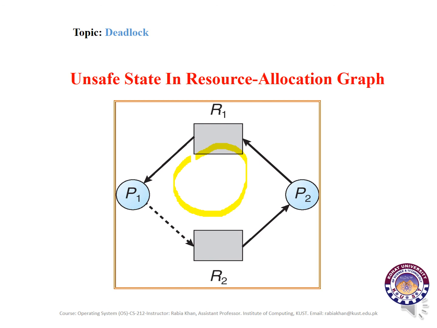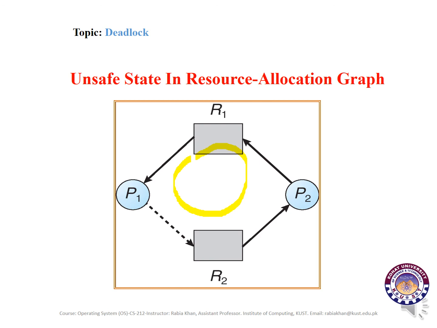P1 is waiting for a resource held by P2. P2 is waiting for a resource held by P1. So, a circle can be seen. So, this is an unsafe sequence of processes, as we can observe the circle.